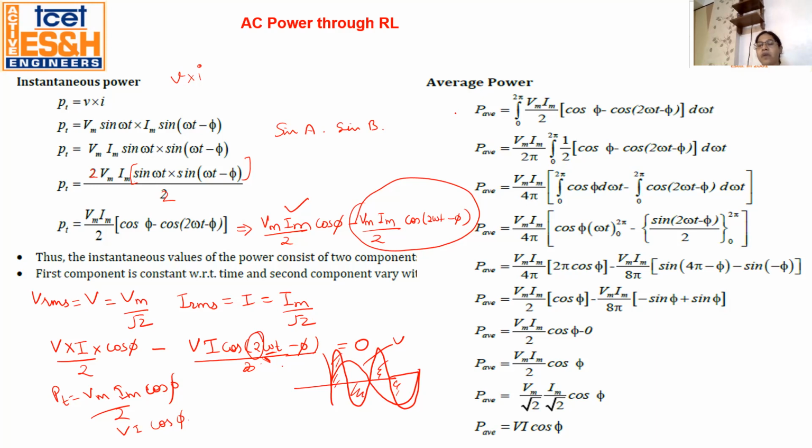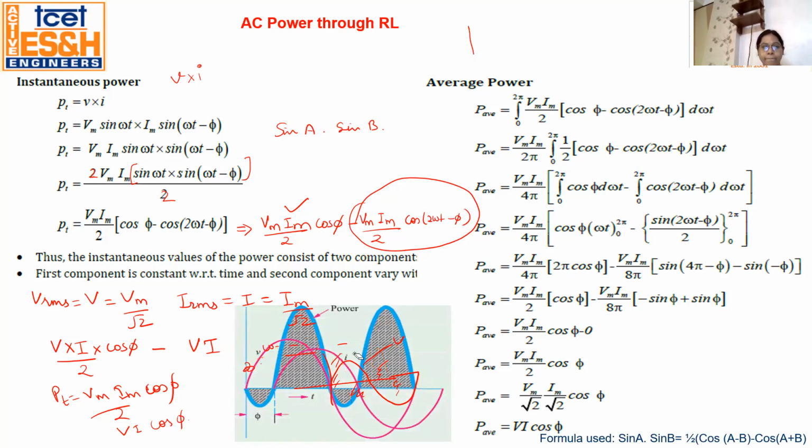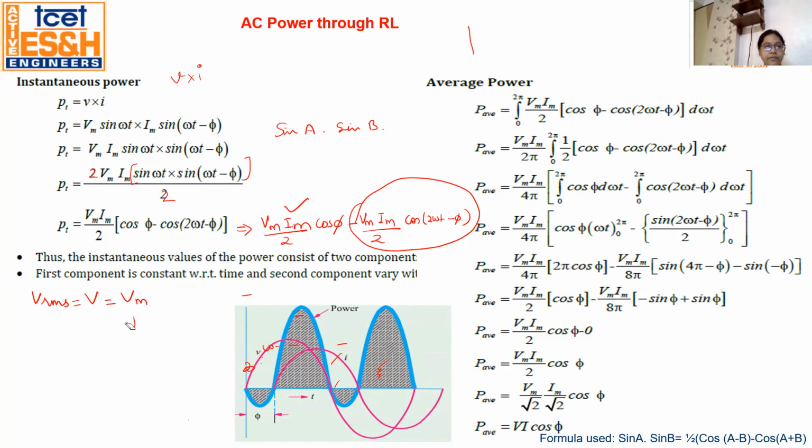Now this is the average power calculation. Average power is calculated from 0 to 2 pi. The limit is from 0 to 2 pi.